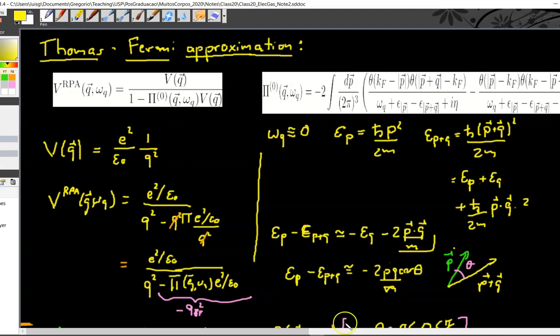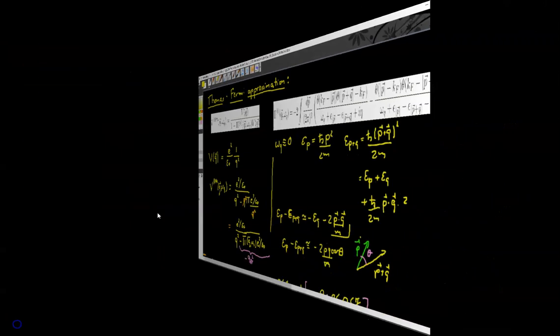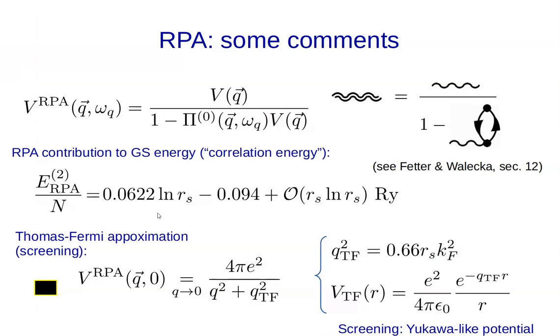All right, so let's go back to the slide to wrap this up. You can actually do the calculation correctly, and not the hand-waving way that I did, and Fetter-Walecka is also done, and you get to this result, which is QTF proportional to KF, and there is this square root of 0.66 times RS, so it does depend on RS.